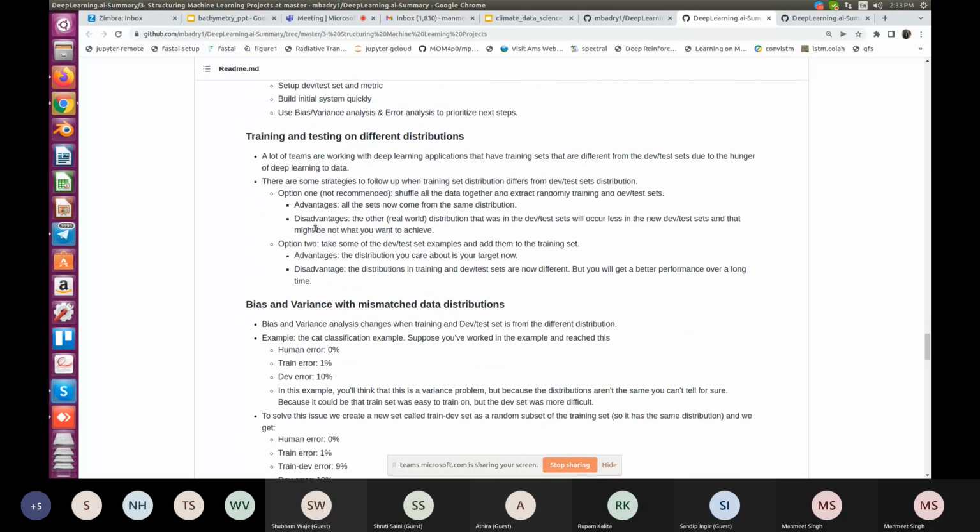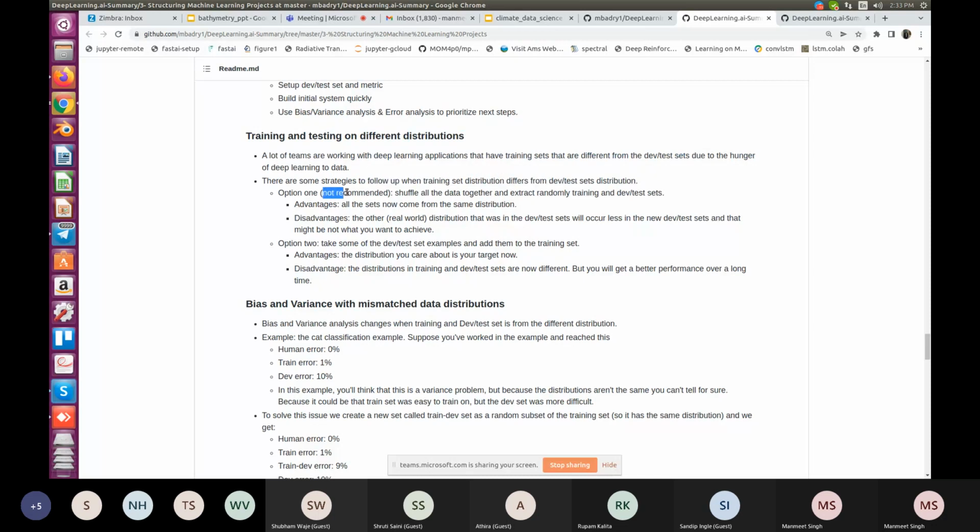And then there is some advice on what to do when training and testing is done on different distributions. He says that a lot of teams are working with deep learning applications which have training sets that are different from dev or test sets due to the hunger of deep learning for data. And there are some strategies to follow when the training set distribution differs from the dev or test set distribution.